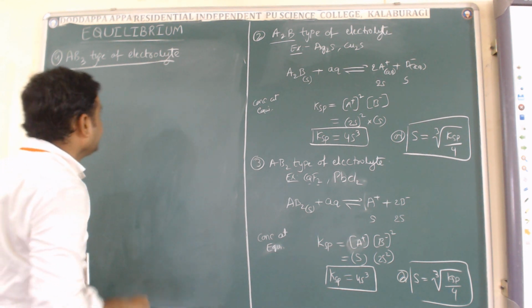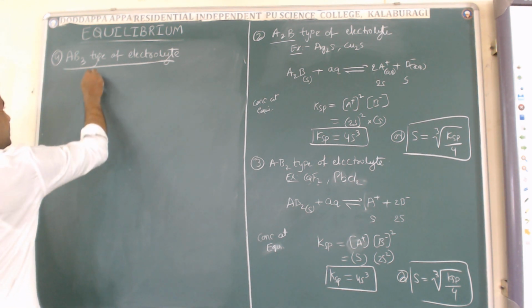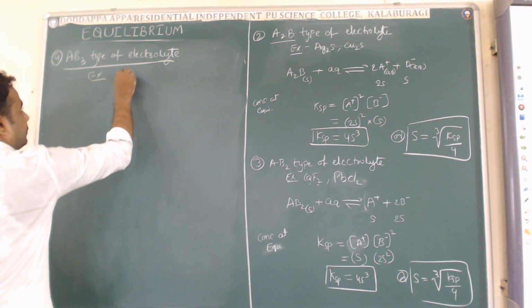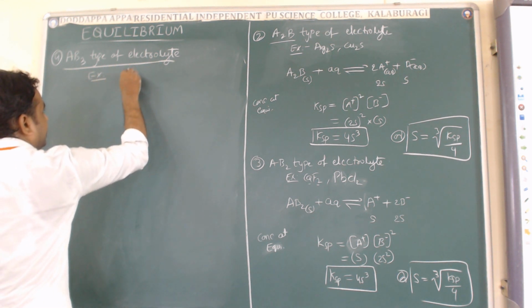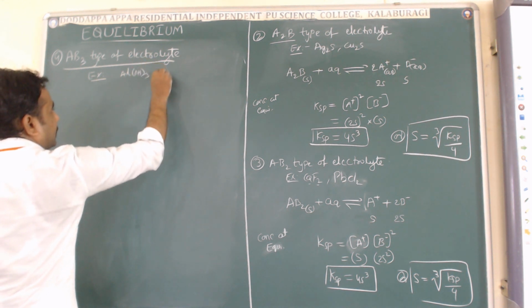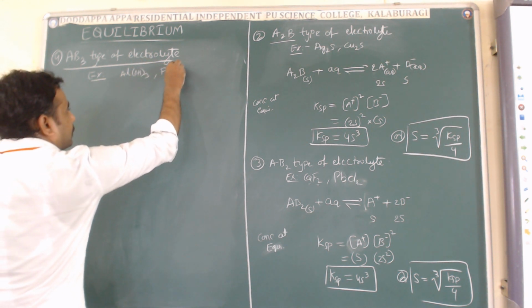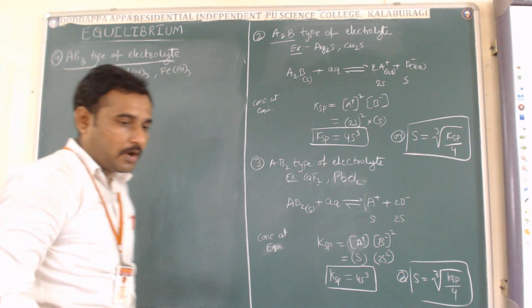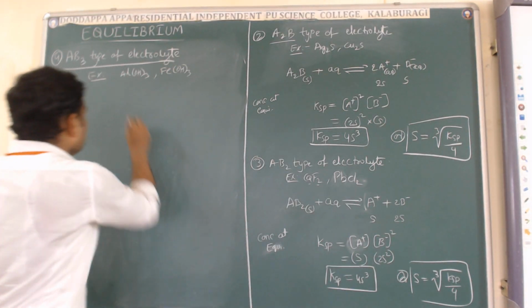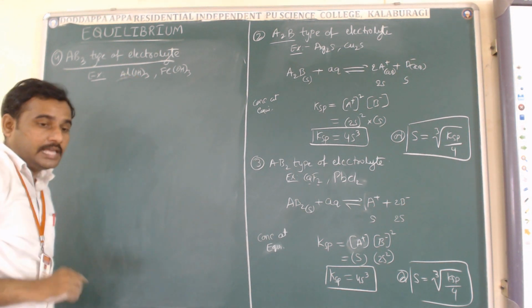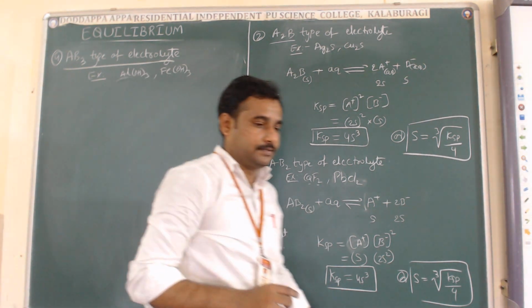Examples of the AB3 type of electrolyte are aluminium hydroxide. These are the examples for the AB3 type. A is Al, B means OH3.